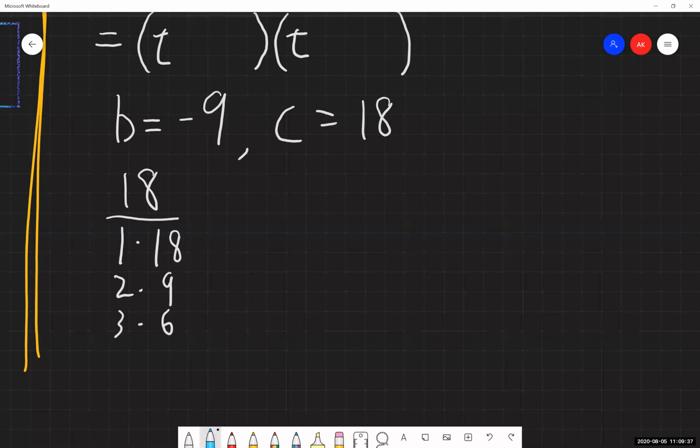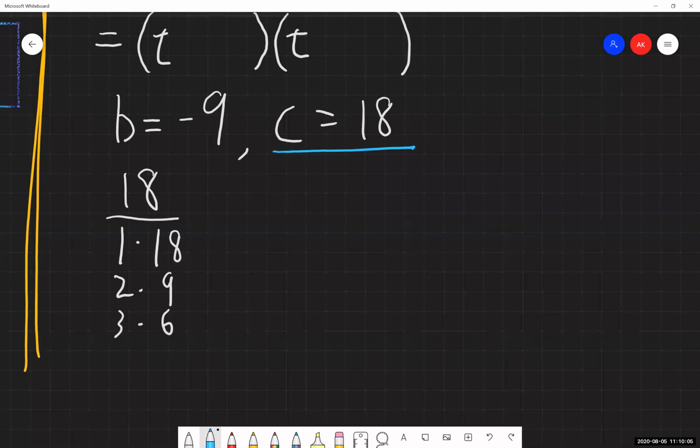Once again, our first clue is going to come from our c value. Our c value is positive, which means that when I multiply these two factors together, our result needs to be a positive number. That tells me that both of these columns are going to be the exact same sign, because a positive times a positive is positive, and a negative times a negative is positive as well.